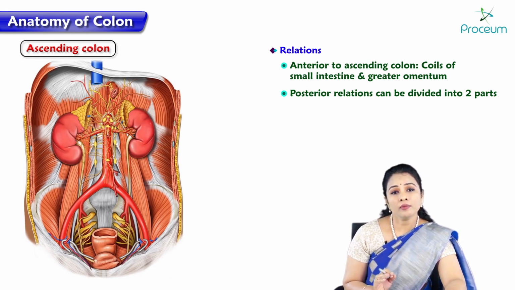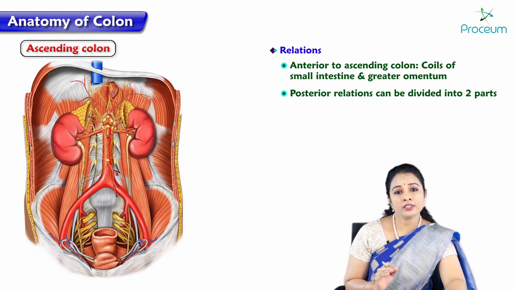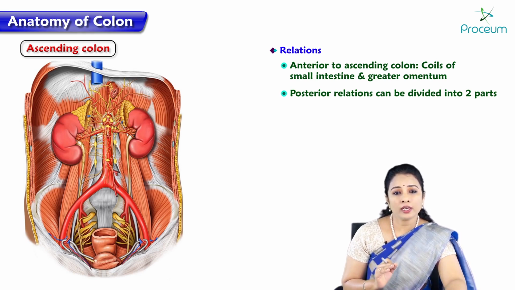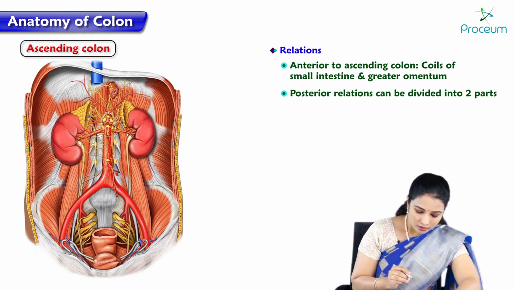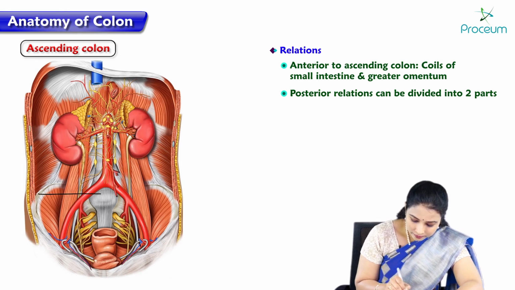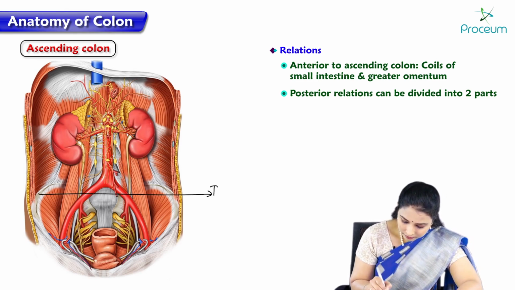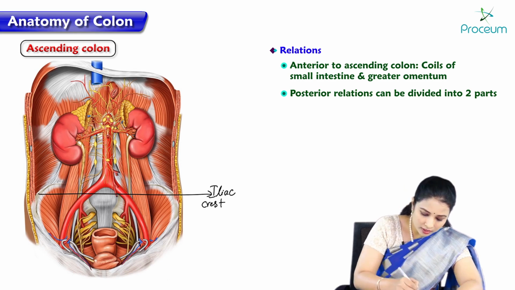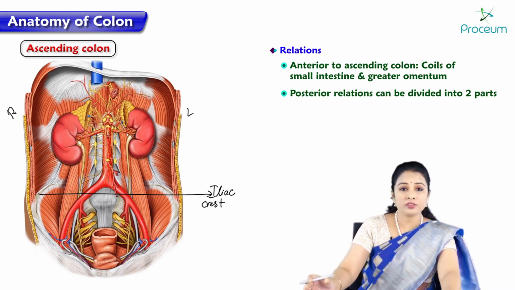So posteriorly we can divide the relations as above the iliac crest and below the iliac crest. So here is the iliac crest. The ascending colon is located towards the right side, the descending colon towards the left side.